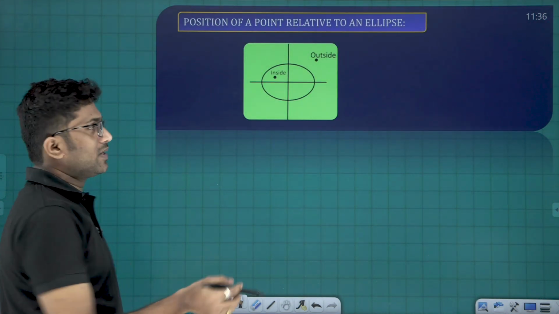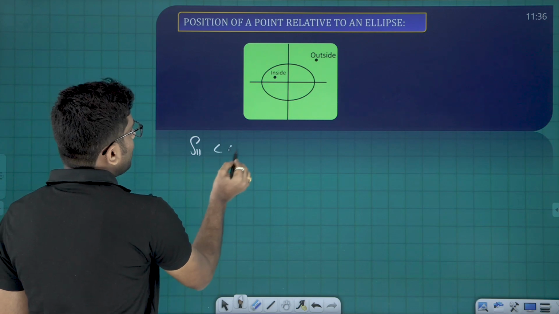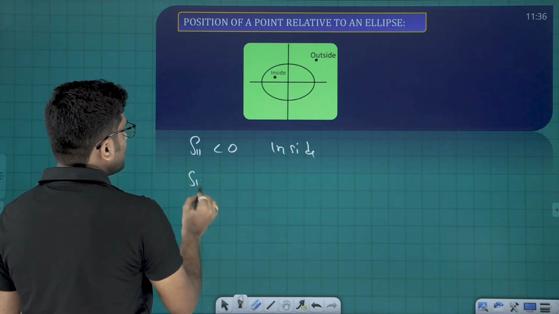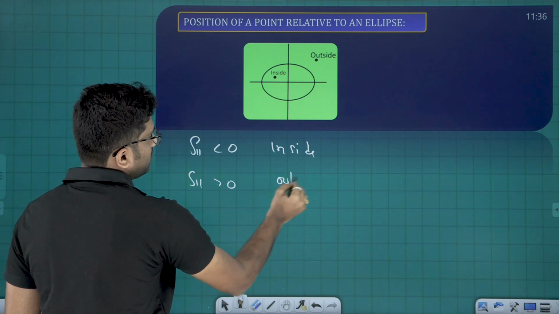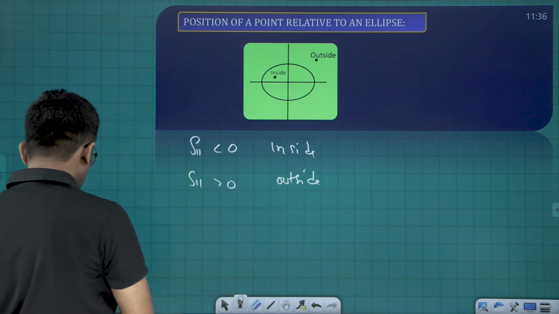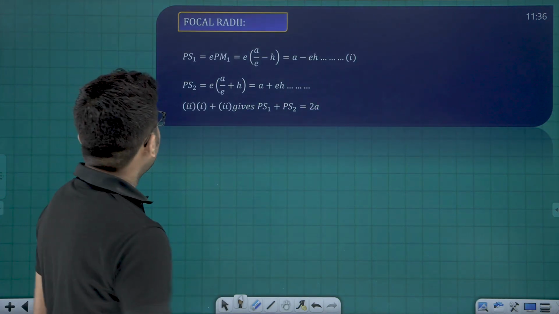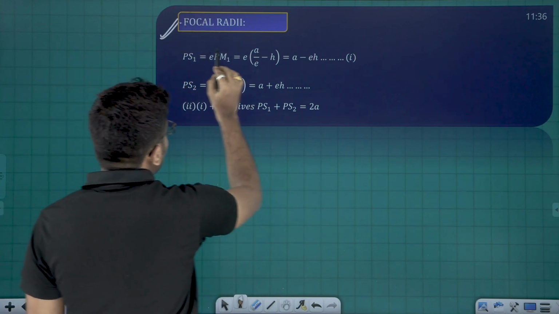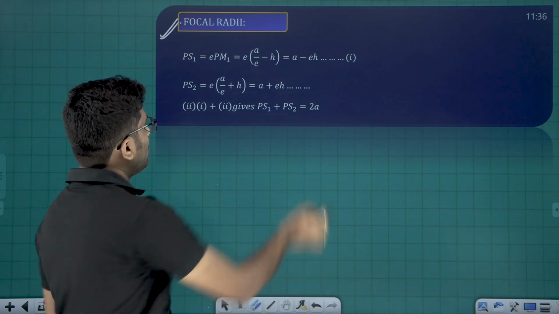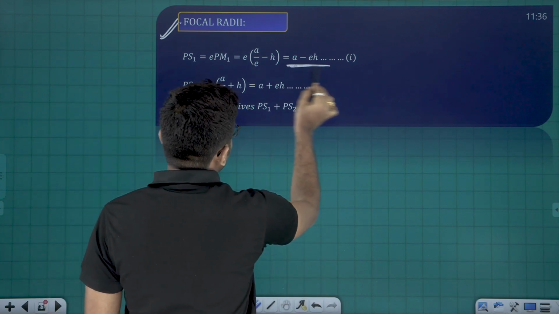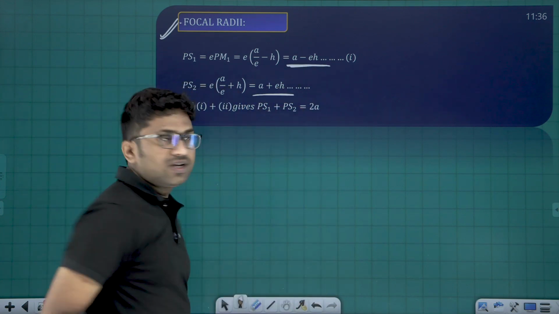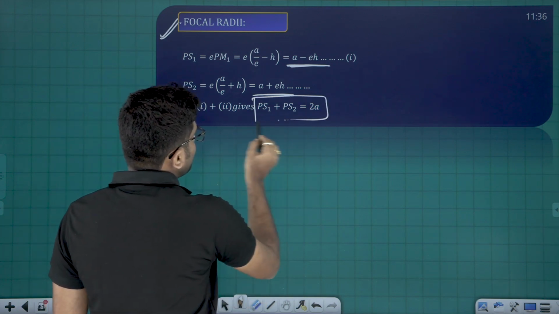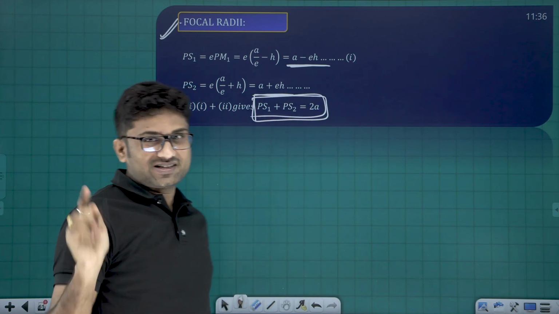Position of a point with respect to an ellipse. Same story. S11 less than 0, the point lies inside. S11 greater than 0, the point lies outside. And S11 equals 0, the point lies on the ellipse. Next, focal radii or focal distance, friends. Let P(h, k) be any point, then the focal distance is a minus eh or a plus eh, and the sum of the focal distances is always equal to the length of the major axis.